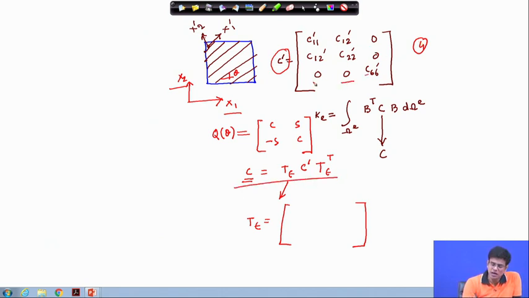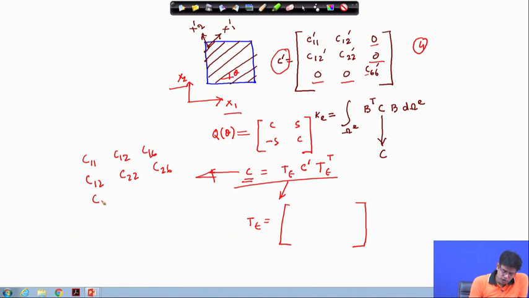That means the elements of this matrix may not be 0. In general this C may be C11, C12, C16, C12, C22, C26, C16, C26 and C66. This will be symmetric because this is a symmetric transformation. So now this C will look like this.